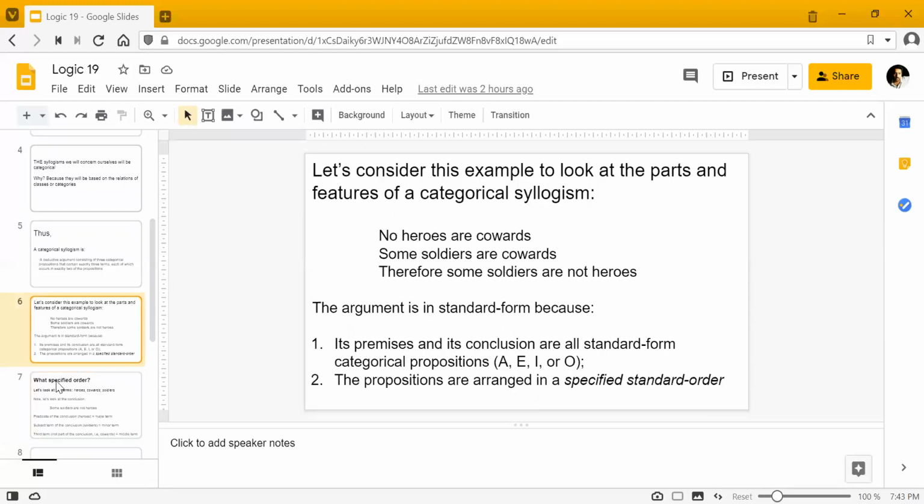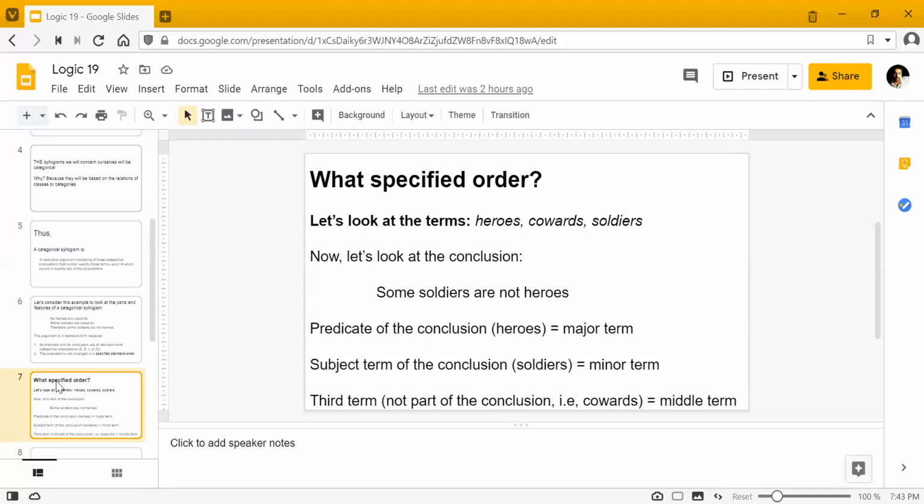We know the conclusion comes after "therefore," so the last one is the conclusion: therefore, some soldiers are not heroes. What are the terms in the conclusion? There is heroes, and there is also soldiers.